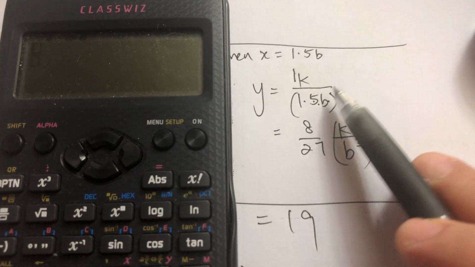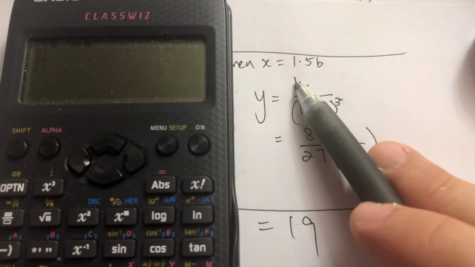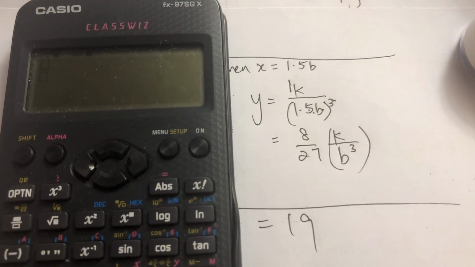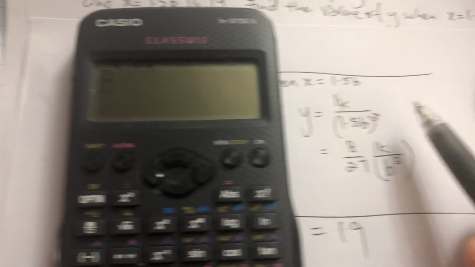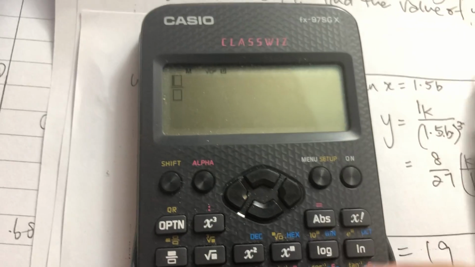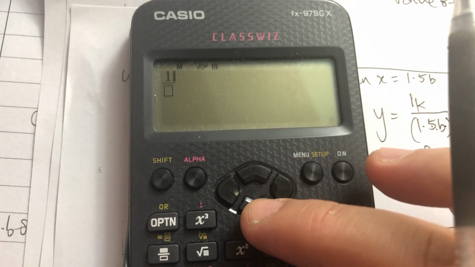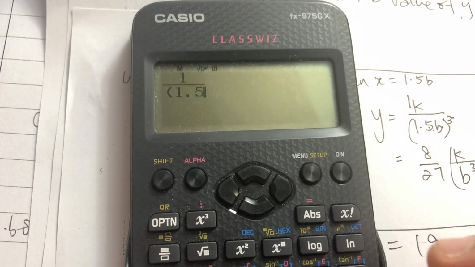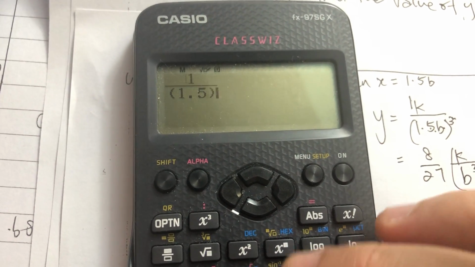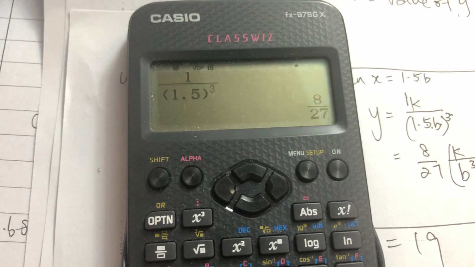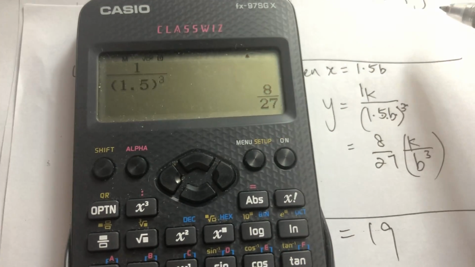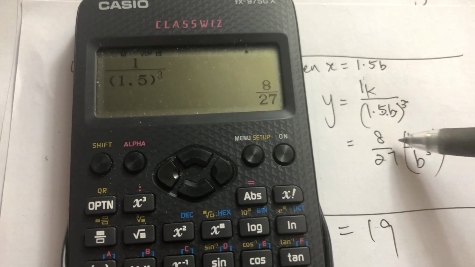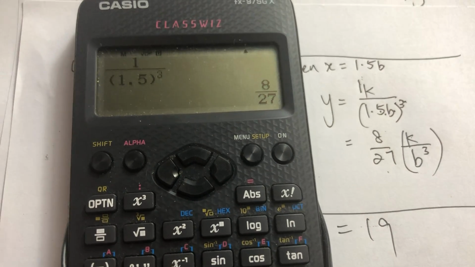Because 1.5 cube is at the denominator, 1 is at the numerator, so you have to press exactly what you see here. Okay, now let's go to the calculator. I press 1 divided by, we can put bracket 1.5 to the power of 3, and the calculator will tell you that 1 divided by this is 8 over 27. So let the calculator do the work for you.